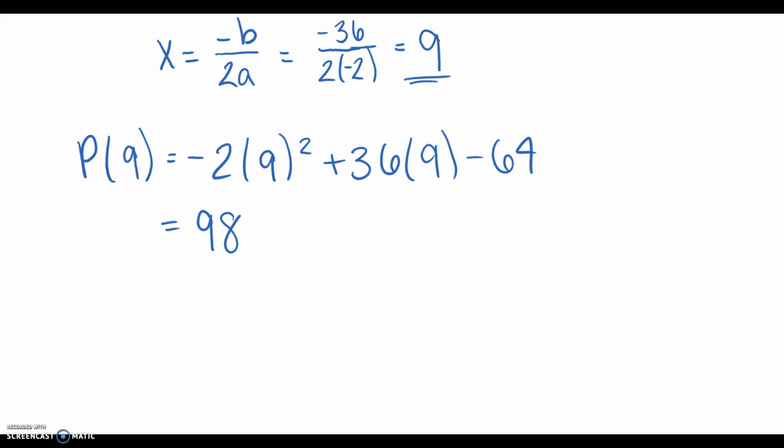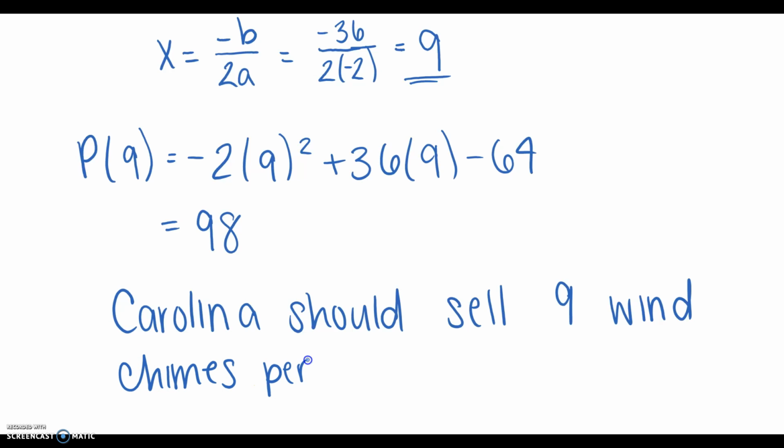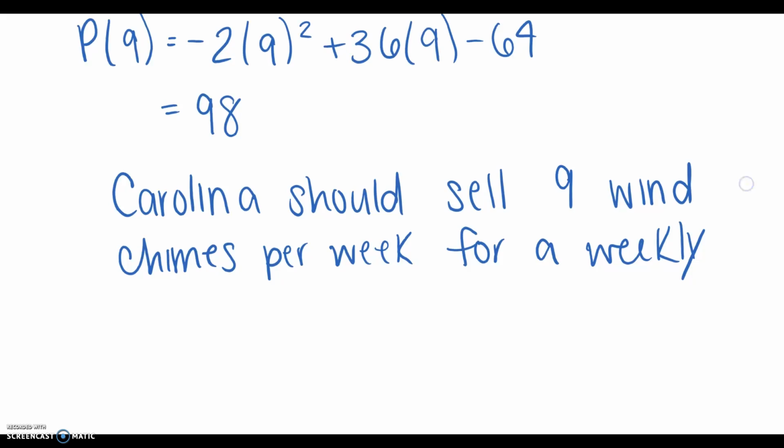So then, because this is a word problem, we should end with a sentence. Carolina should sell 9 wind chimes per week for a weekly max profit of $98.